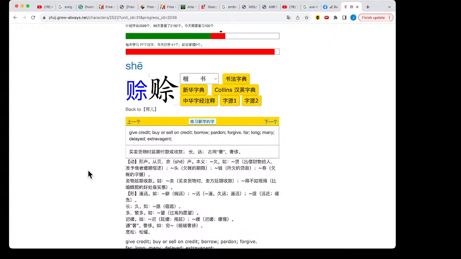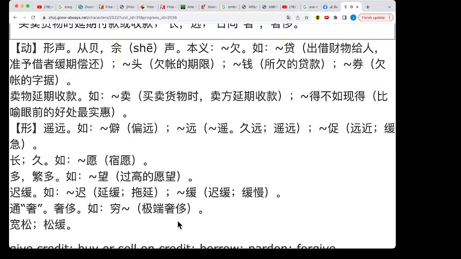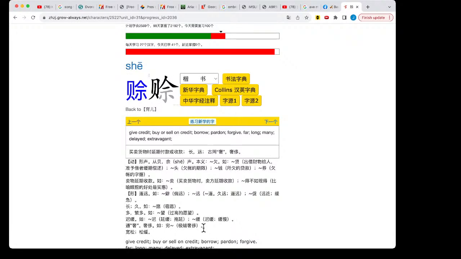And it also means extravagant. This is actually used as the other 奢. Usually they don't use this, but sometimes.